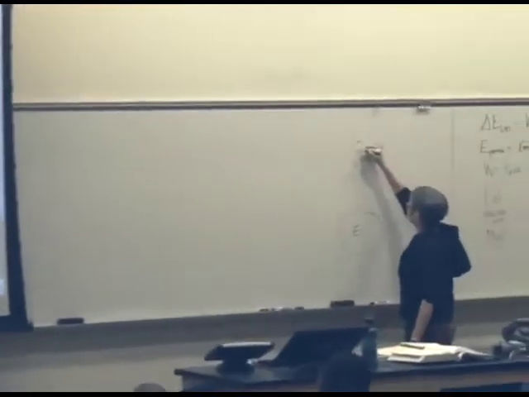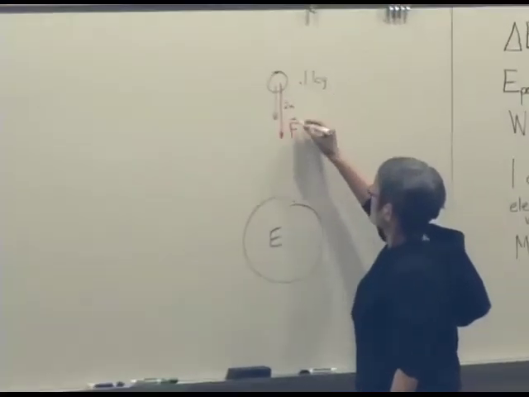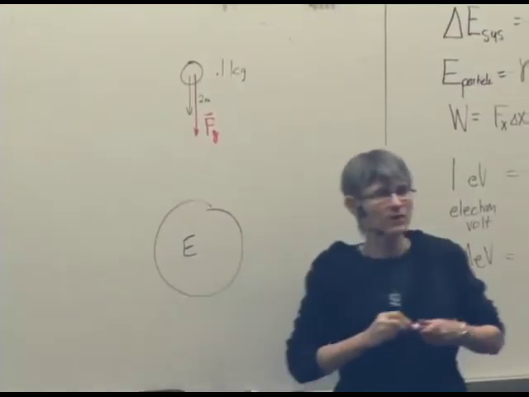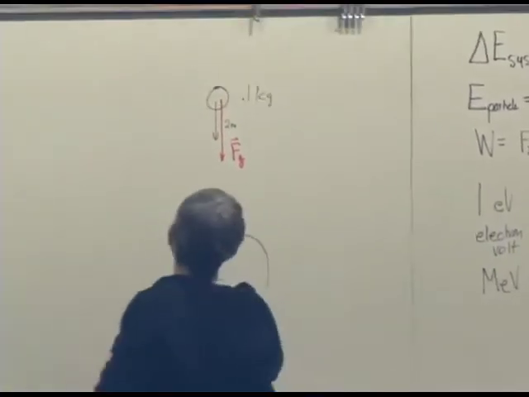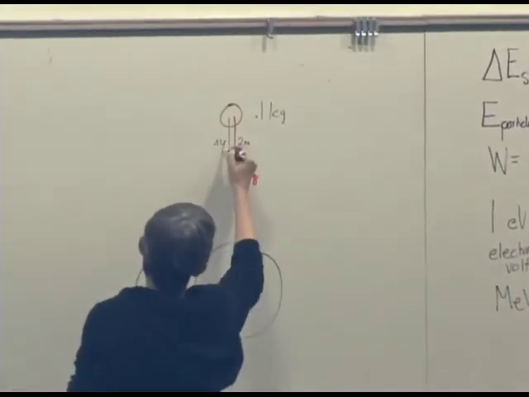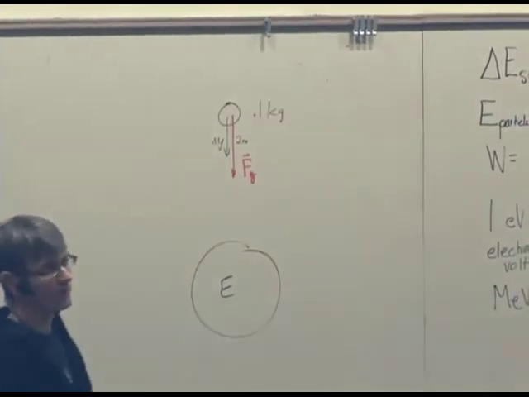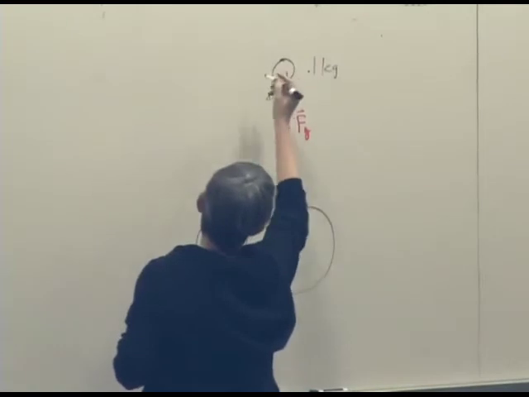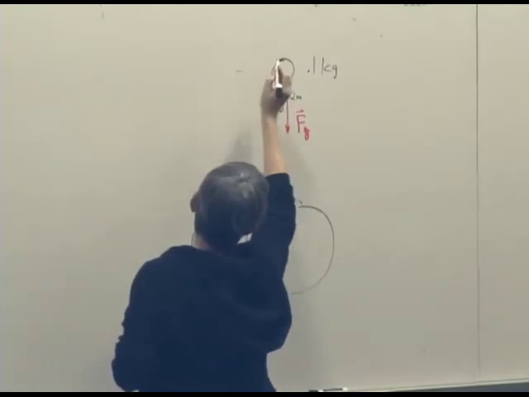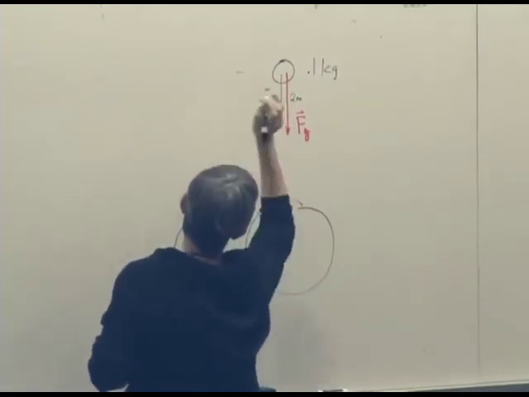We have the gravitational force pointing in the minus y direction. We have a displacement in the negative y direction. So if we started at 5 meters, the ball would have gone down to 3 meters.